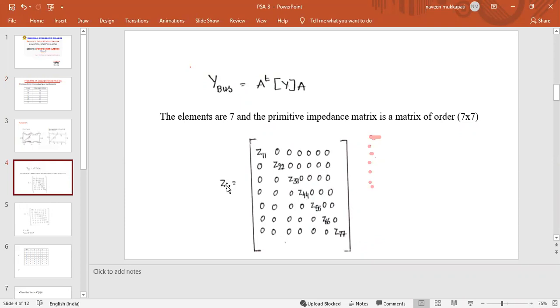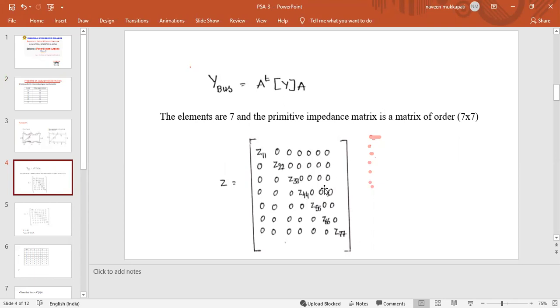First of all, to determine the primitive impedance matrix, we count how many elements there are. There are 7 elements. So the dimension of the primitive impedance matrix is 7 by 7. The diagonal elements are Z11, Z22, Z33, Z44, Z55, Z66, Z77.